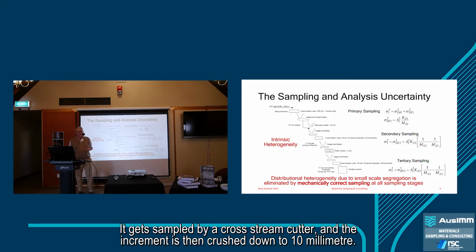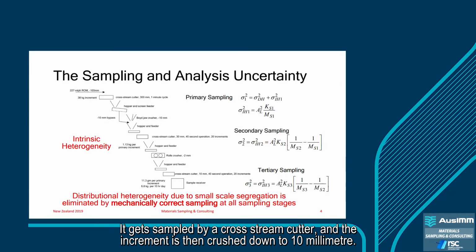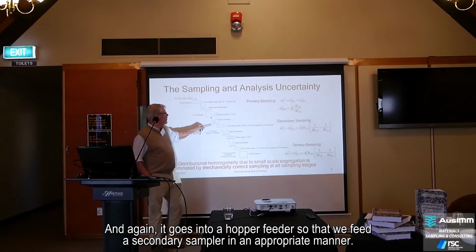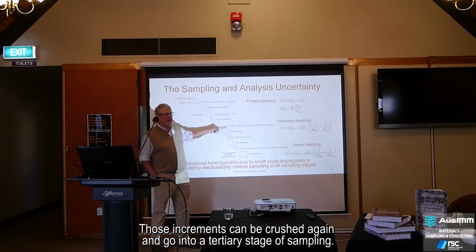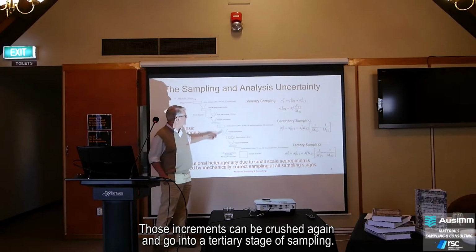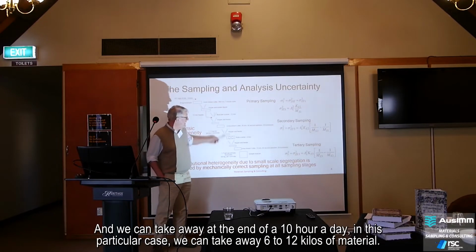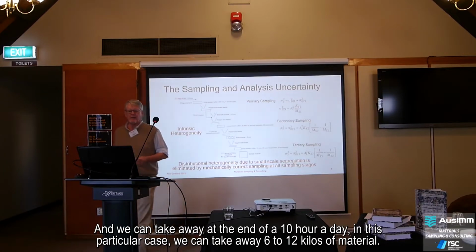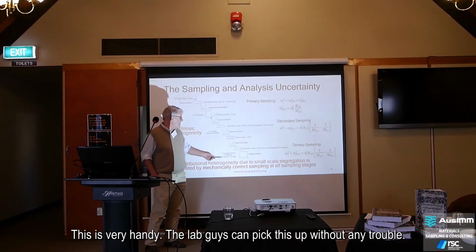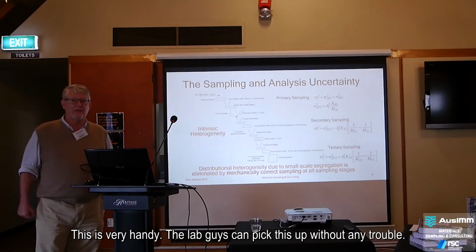It gets sampled by a cross-stream cutter, and the increment is then crushed down to 10 mil, and again it goes into a hopper feeder so that we feed a secondary sampler in an appropriate manner, and those increments can be crushed again and go into a tertiary stage of sampling. And we can take away, at the end of a 10-hour day, in this particular case, 6 to 12 kilos of material. This is very handy. The lab guys can pick this up without any trouble.